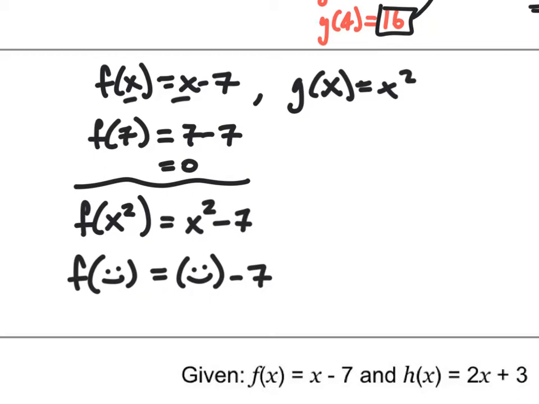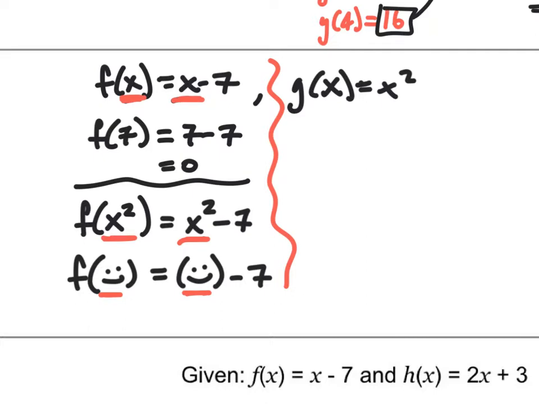But what I want you to see mainly is this: if f of x is your variable, then that's what you find in your function. Now, if you plug in another function, x squared, then that's what you plug in for x. Again, if you have f of smiley face, then you just plug in smiley face, all right?